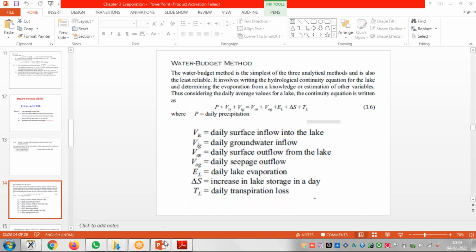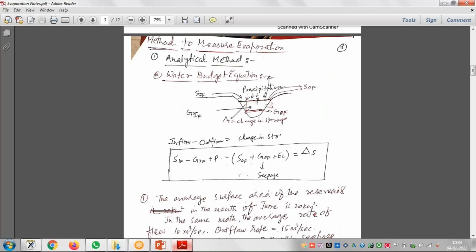So here, just to understand this equation: whatever the incoming is, inflow minus outflow will be equal to change in the storage. Change in storage means, suppose 10 meter cube per second of water came, and the outflow is 8 meter cube per second.